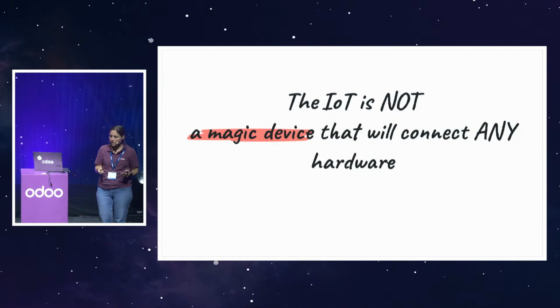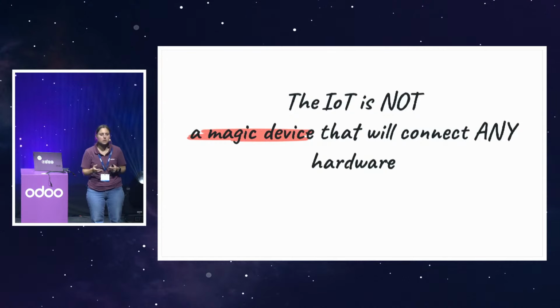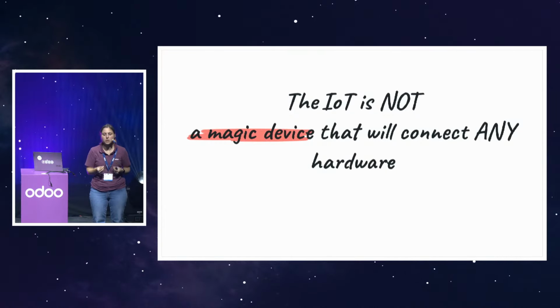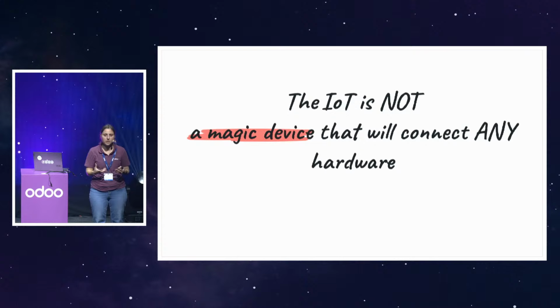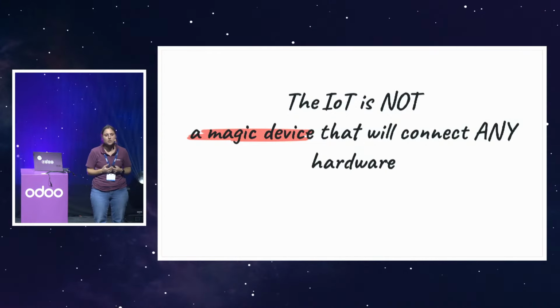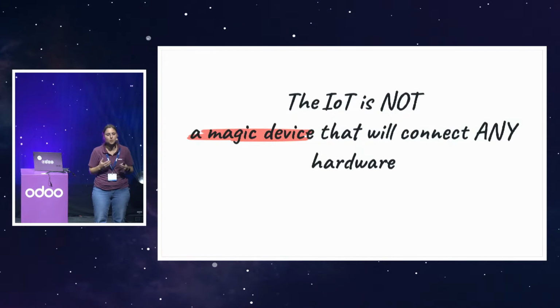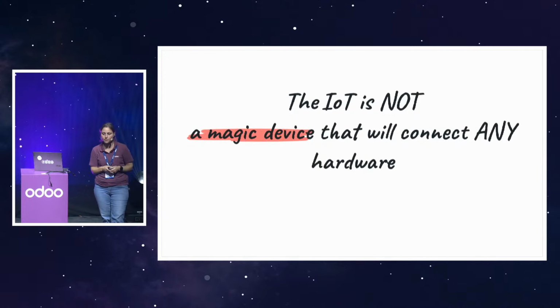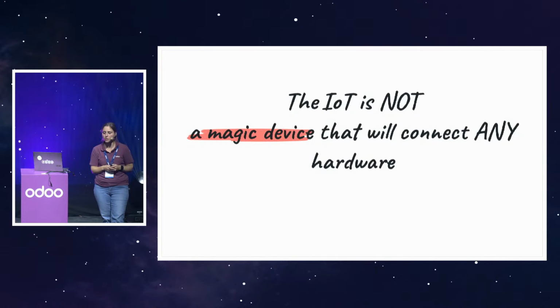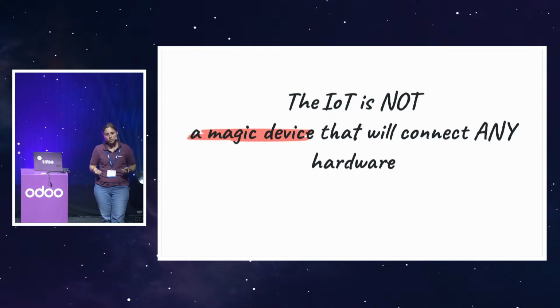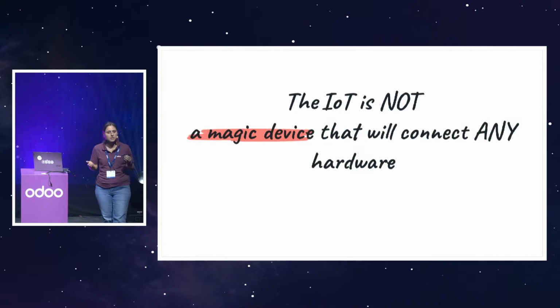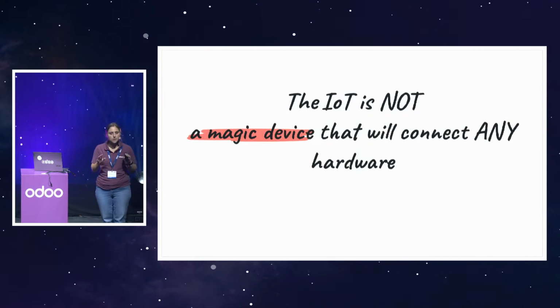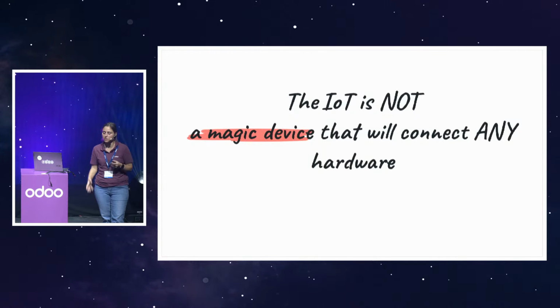This is completely false. When we speak about the IoT, our developers need to create specific drivers on the device so it can communicate with the hardware. This is very important to understand. I'm going to go through the whole list of hardware that needs IoT and the hardware that doesn't, so rest assured you will get a good idea about that.